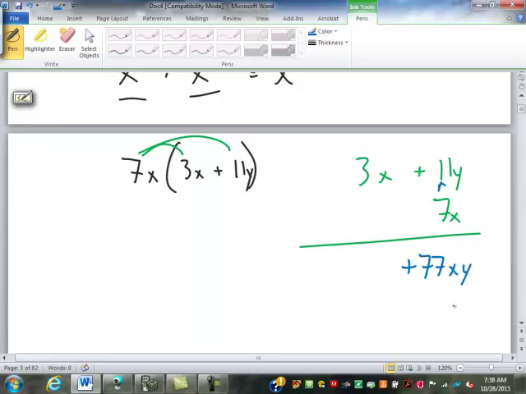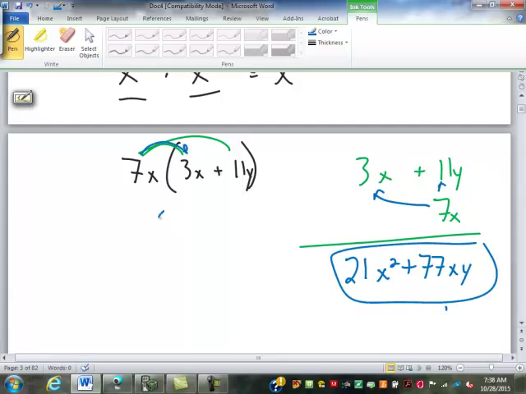X times y is xy. 7x times 3x is, 7 times 3 is 21. X times x is x squared. Or you could have done the same thing here. 7x times 3x is 21x squared. And 7x times 11y is a positive 77xy. Same answer. What do y'all think? Good stuff?